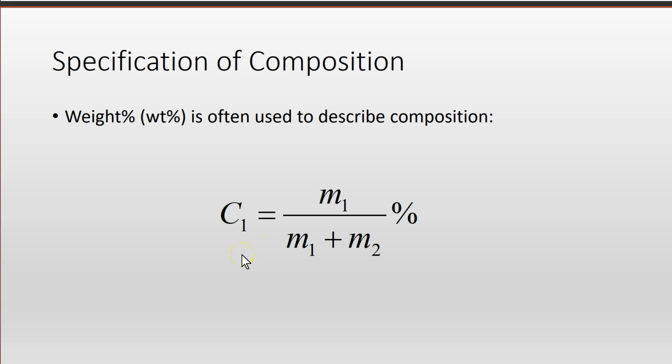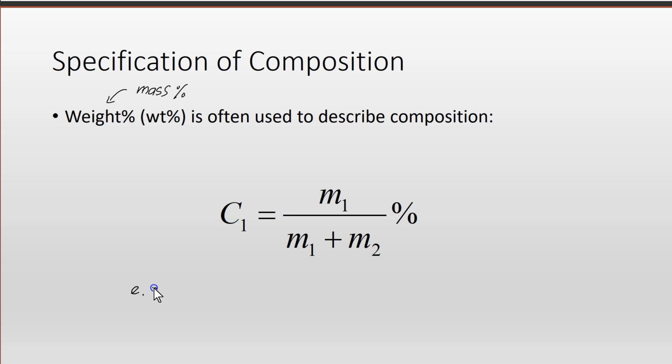When we're alloying two elements together, or any number of elements together, one common way to express the composition is to use weight. Now what this really means is mass percent. The way we calculate mass percent is we take the mass of one element in the material and divide it by the sum of all the mass of all the components.